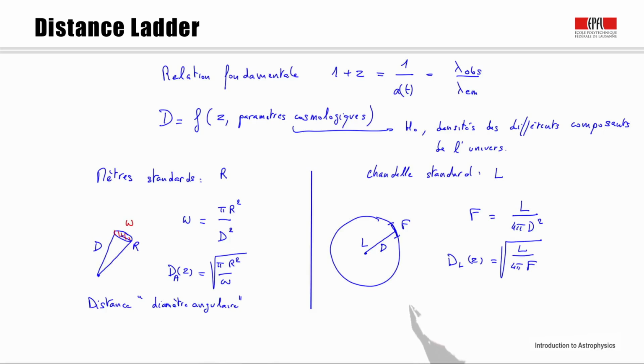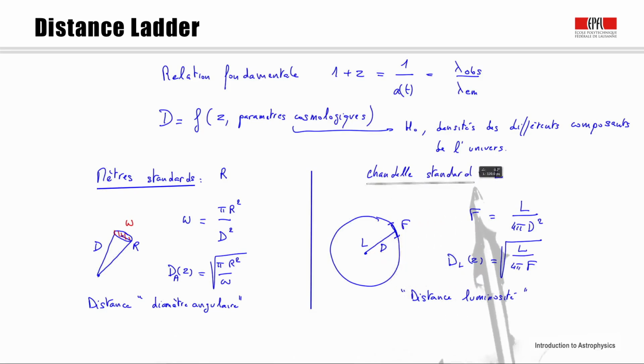This is what we call the luminosity distance. So we have two possible definitions of the distance, one based on standard rulers and the other on standard candles, so objects that have either a well-known size or a well-known luminosity. It's like this that we will define distances.